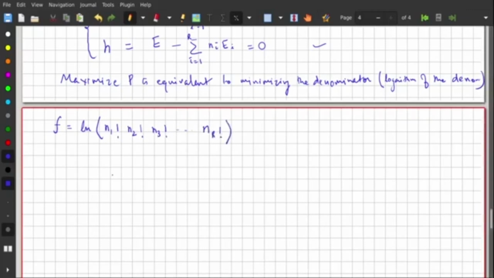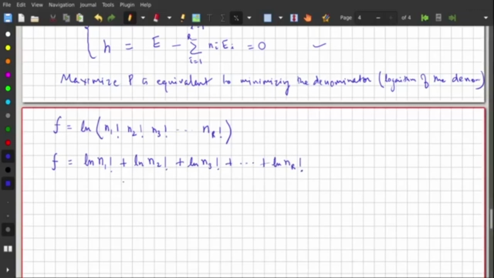Using the properties of logarithm, where the log of a product can be converted into a sum, you can write this as log of n1 factorial plus log of n2 factorial plus log of n3 factorial plus so on up to log of nr factorial.